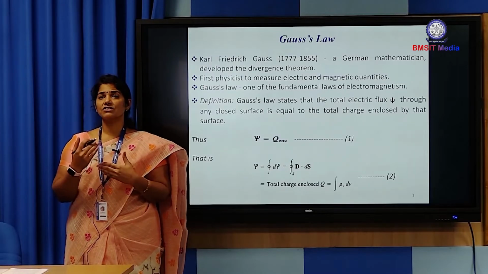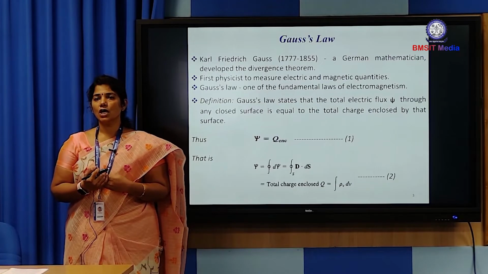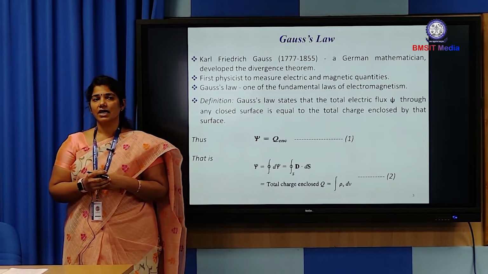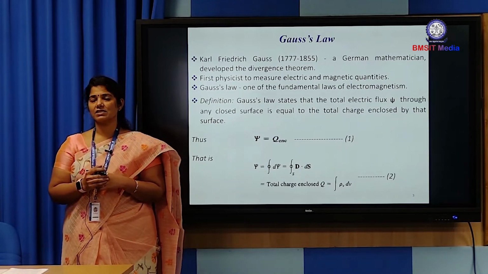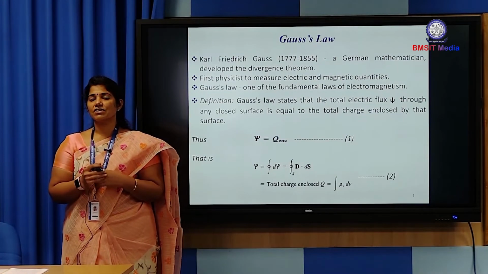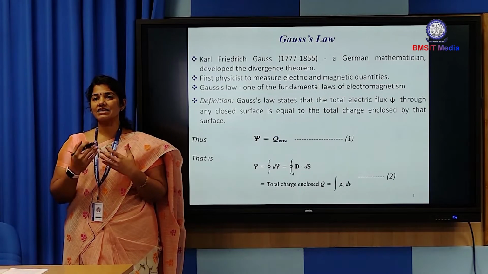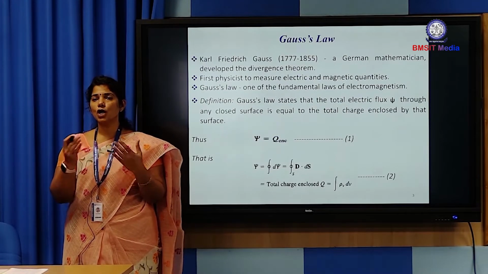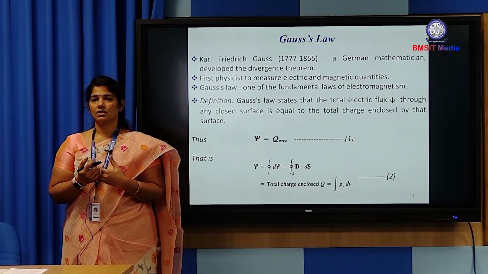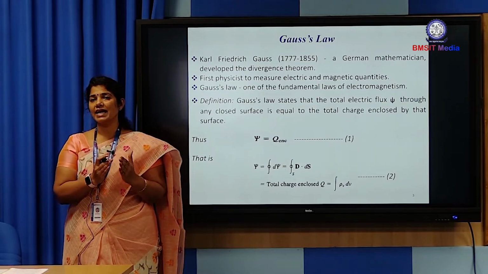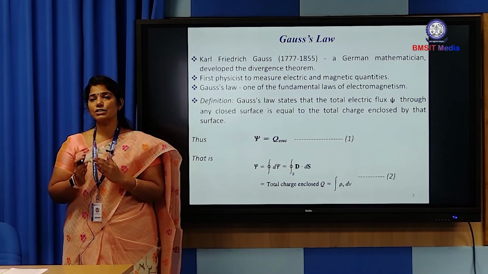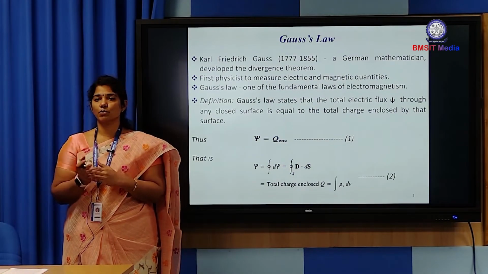Now, how do we define this Gauss law? Gauss law states that if you take a closed surface, for a spherical system, a closed surface which distributes the electric flux uniformly throughout the surface by enclosing some charge, then the total electric flux psi through any closed surface is equal to the total charge enclosed by that surface.